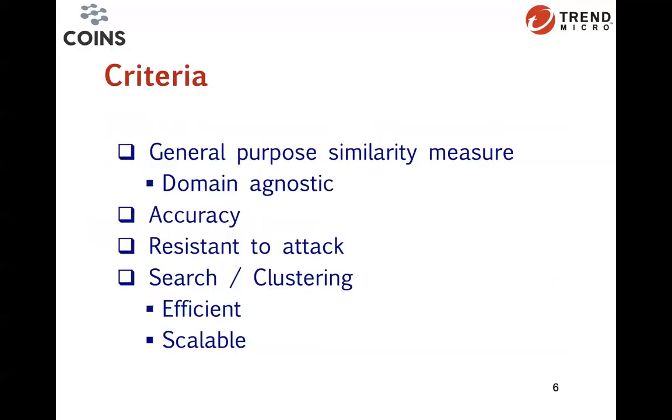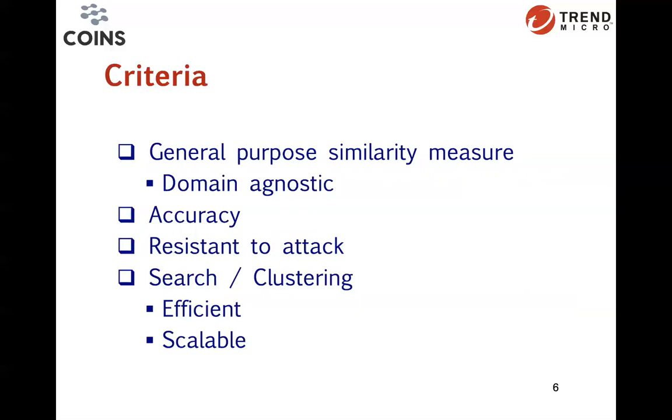So the criteria used for evaluating these measures, well, first of all, we want them to be a general purpose tool. We want them to be able to apply to all different file types: HTML, JavaScript, executable files, ELF binaries, any particular file or binary string that you might be able to collect.